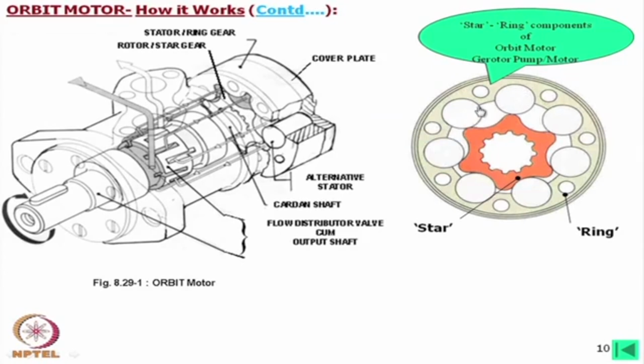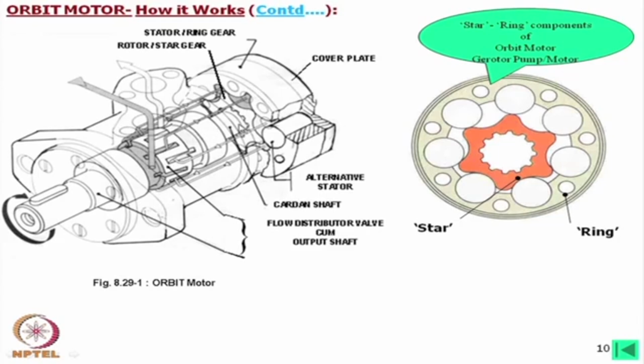This member can be an integral part or we can use separate rollers. Now, this star is connected to a shaft by a joint which is called a Cardan joint, Cardan shaft.